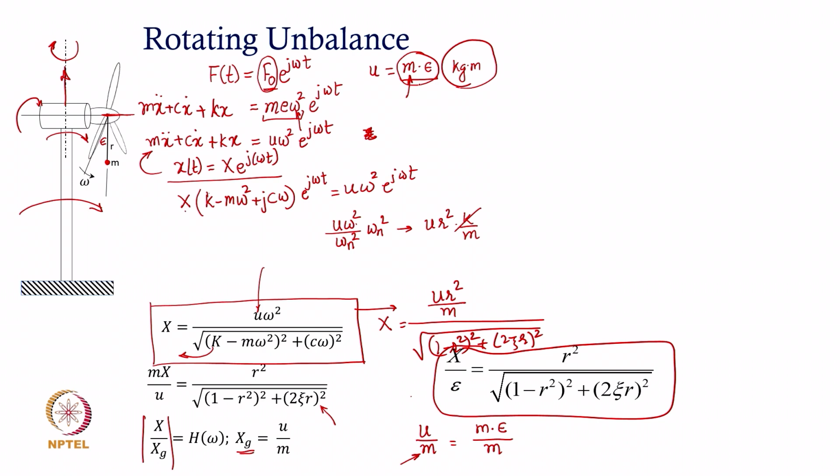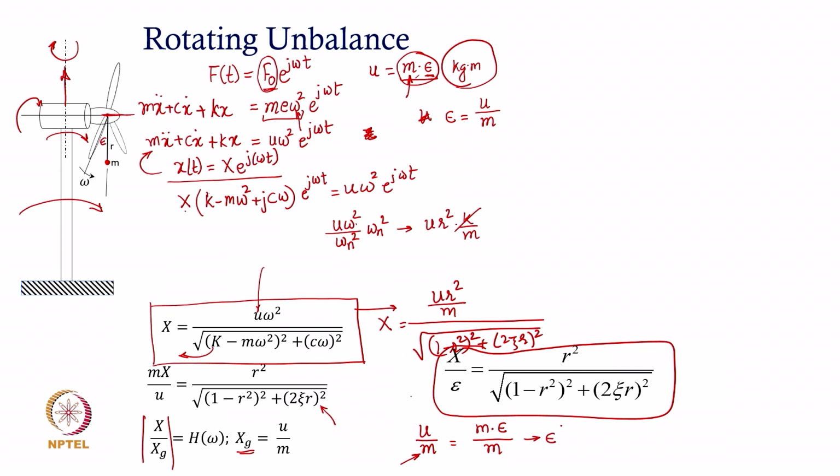Now, if we assume that the total rotor mass is offset with the distance eccentricity epsilon, then the eccentricity would be obtained by dividing the unbalance that you get by the mass of the system or mass of the rotor. So, if you do that, this u over m is essentially the unbalanced eccentricity.